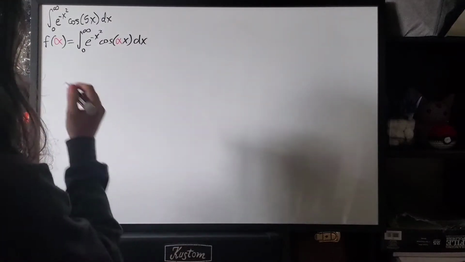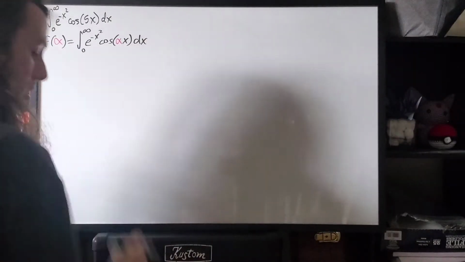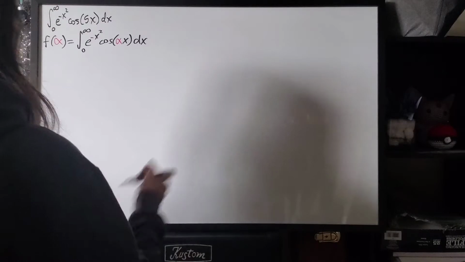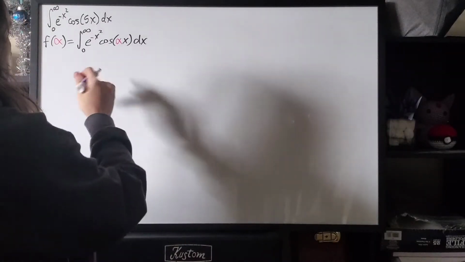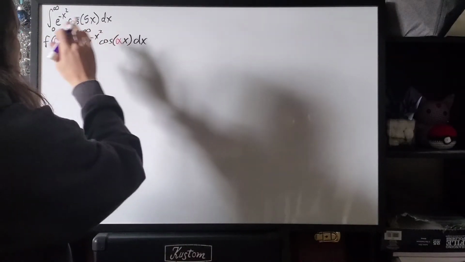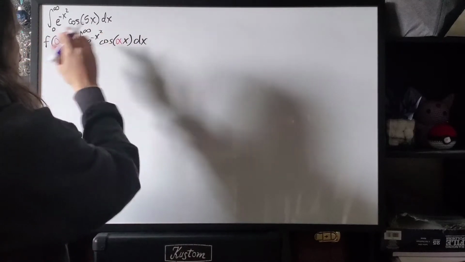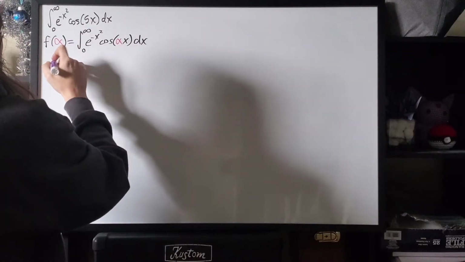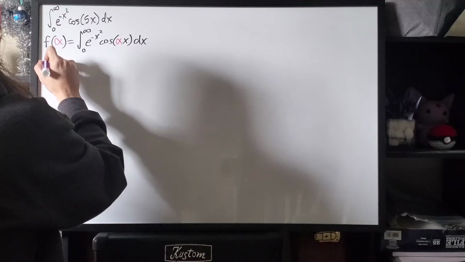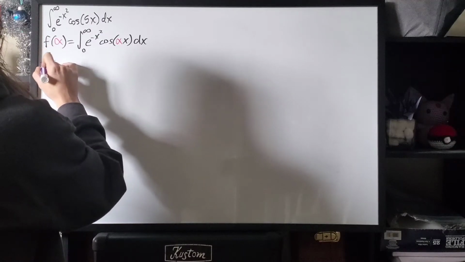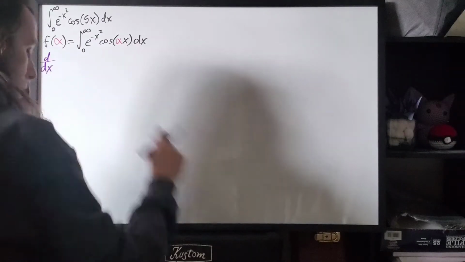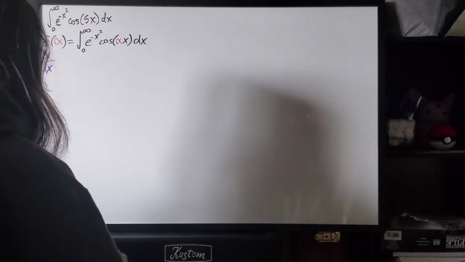And now we're going to differentiate both sides, essentially. So if I take the derivative of both sides, which I could do algebraically, because as long as I keep the same operators on both sides of the equation, it's still equal. So we're going to take the derivative of both sides here, derivative with respect to alpha.